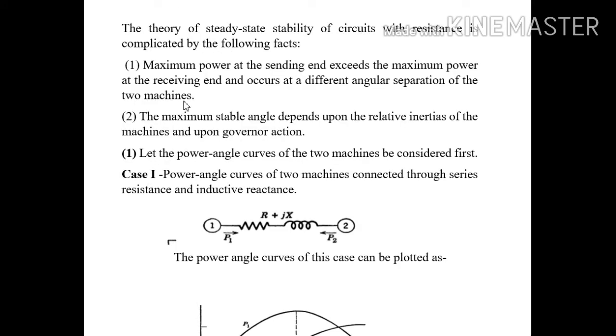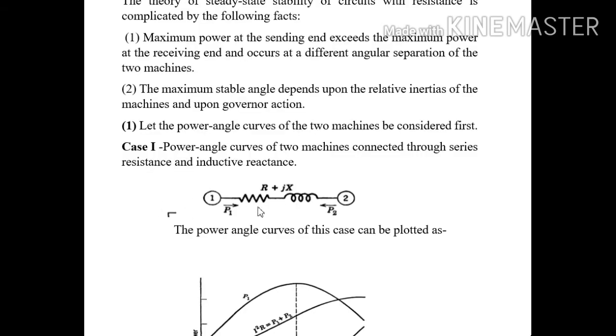So for the first case, we are considering the different power angle curves as shown here. Case 1: the power angle curves of two machines connected through series resistance and inductive reactance. This is clear from this diagram. This is machine 1 and machine 2.